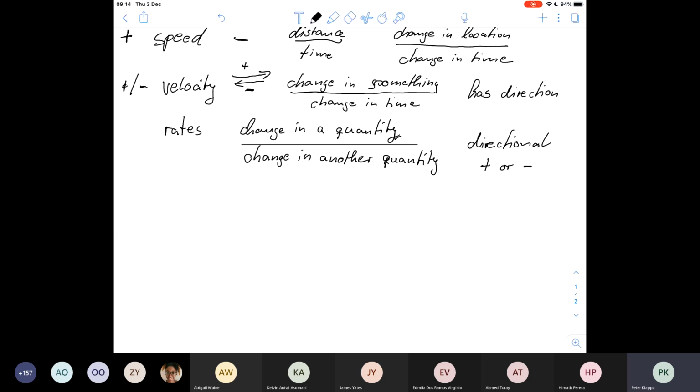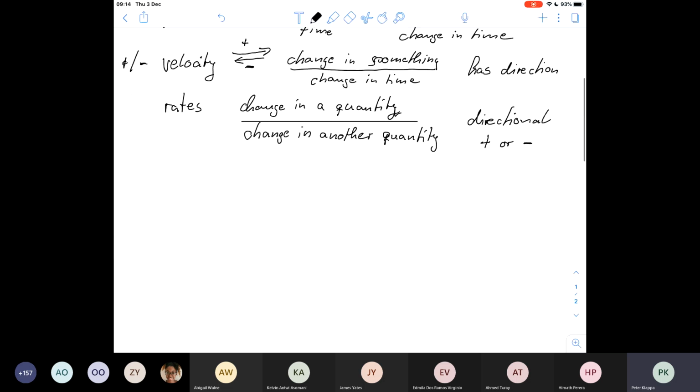But so we are talking about speed, velocity, rates, and very often we just use these things interchangeably. But I just wanted to make sure that we all have a firm understanding of what's what here.